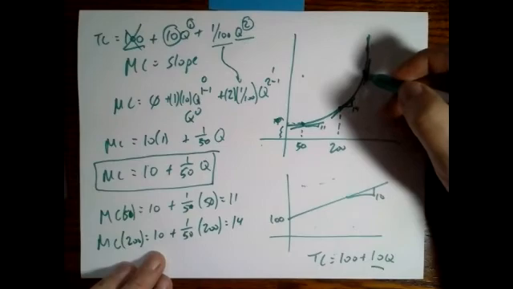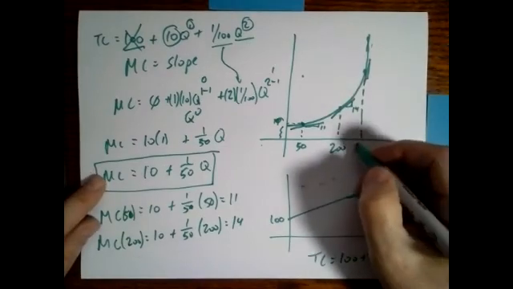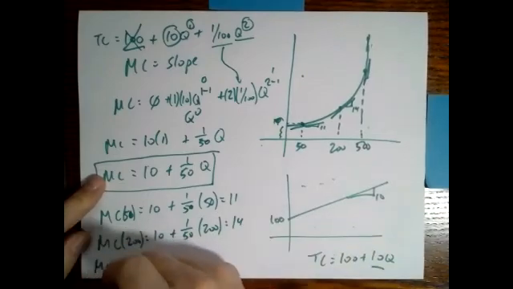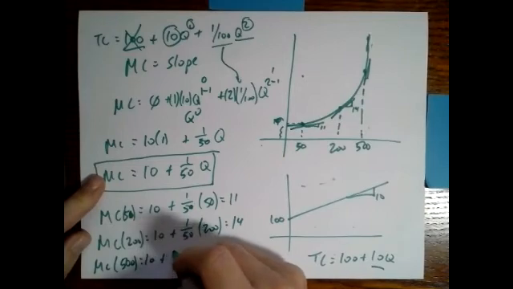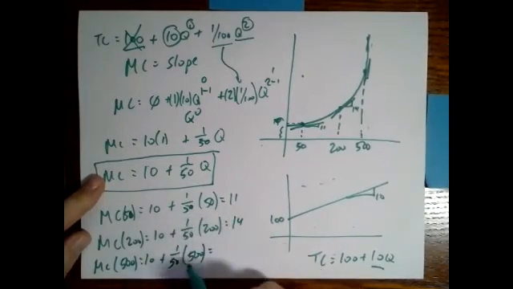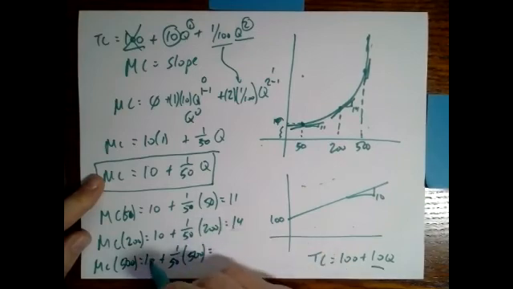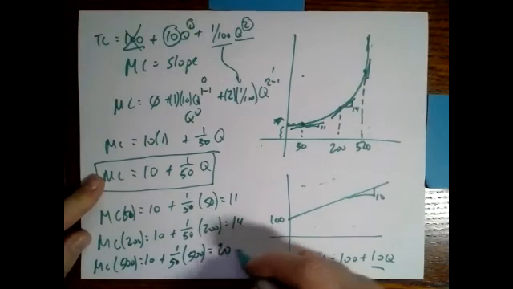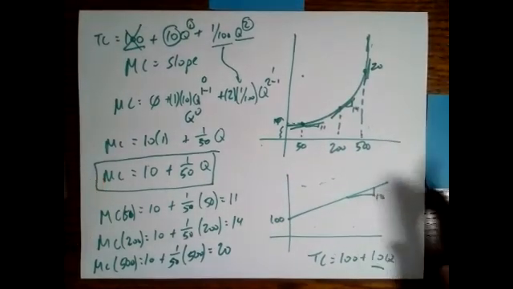And then let's jump out to, say, 500. So the marginal cost at 500 is 10 plus 1 over 50 times 500. Well, 1/50th of 500 is 10. So 10 plus 10 is 20. So the curve slope at 500 is 20.